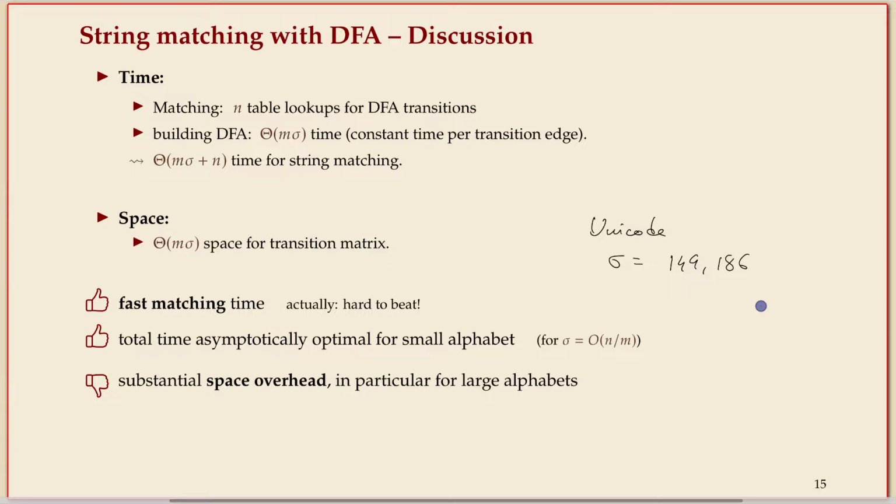Now suddenly this is megabytes and megabytes of table, and most of the entries will be all zeros, because if your pattern's just 1,000 characters long, most of the 150,000 emojis won't occur in it. It's a bit of a waste of space and time to fill all this with zeros, just because potentially the text could have all these emojis, but then you would still discover that the pattern doesn't have them. That seems wasteful.